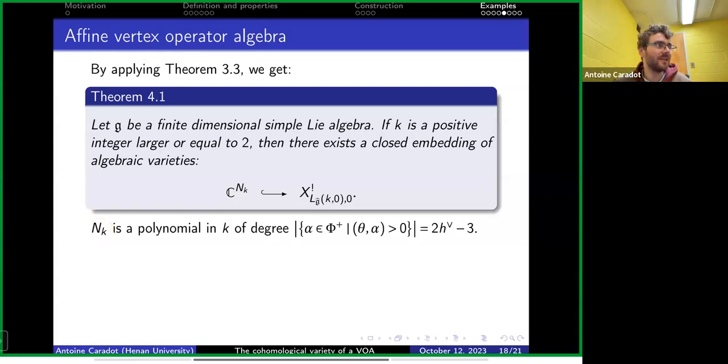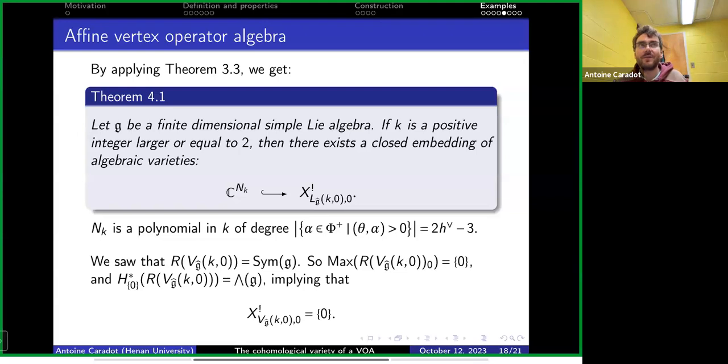For example, I think for E8, it's 57. So it can grow very, very fast. And an interesting aspect is that depending on what value of k you choose, you can choose a subspace of dimension arbitrarily large. So if you want some cohomological variety that contains a space of dimension n for any n, it will exist because this k can be as big as you want.